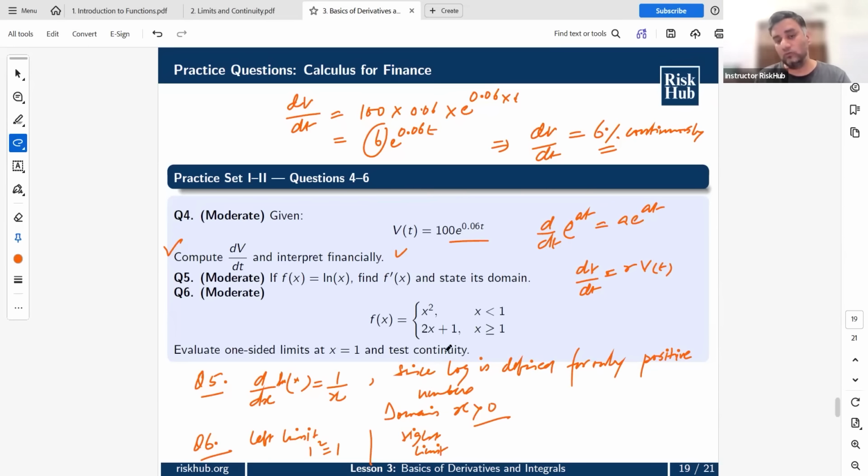Right limit, you put 1 into 2x plus 1, which gives 3. Left limit is not equal to right limit, so the function is not continuous.